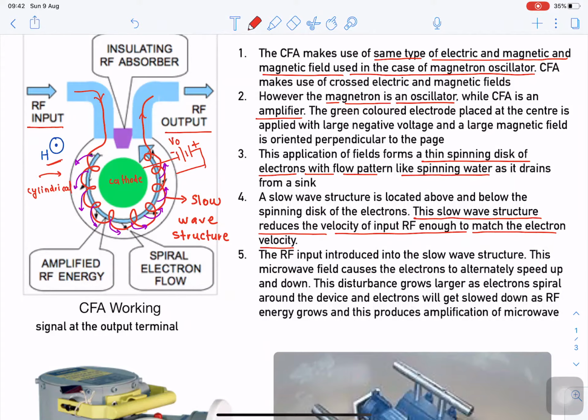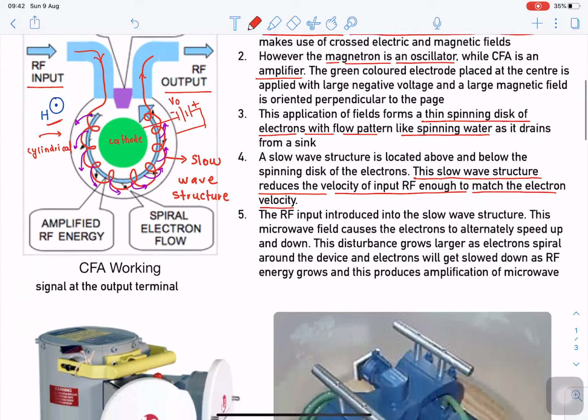If we are able to do so, the electrons can be bunched together and later brought to the output port, and the energy from this bunch of electrons will get transferred to the microwave signal, and the microwave signal will appear amplified when it is taken from the output port. The RF input is introduced into the slow wave structure; the microwave signal which we want to amplify is given through the RF input port.